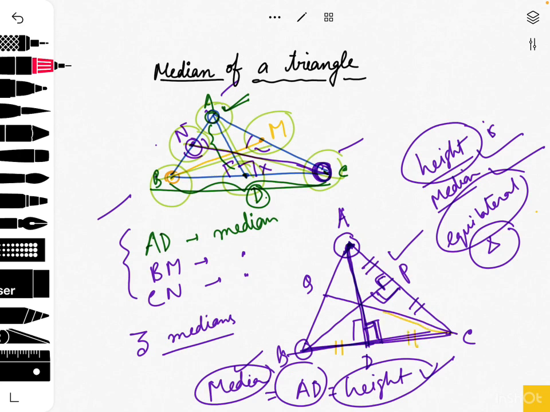Similarly, the line segment CQ also bisects the line AB into two equal parts, so that AQ is equal to QB, BD is equal to DC, AP is equal to PC. So keep it in your mind, in the case of an equilateral triangle, the height is always the median. Now let's come to the next property.